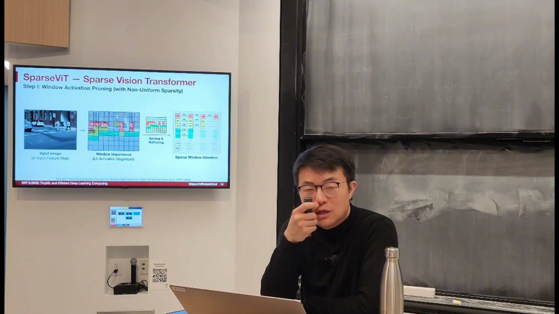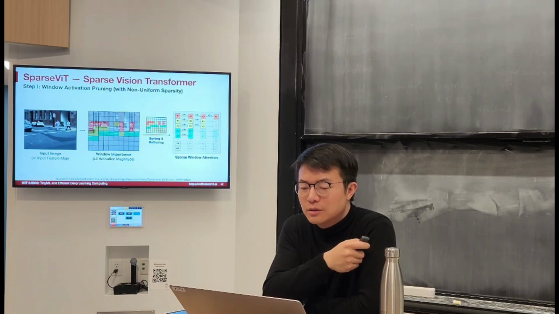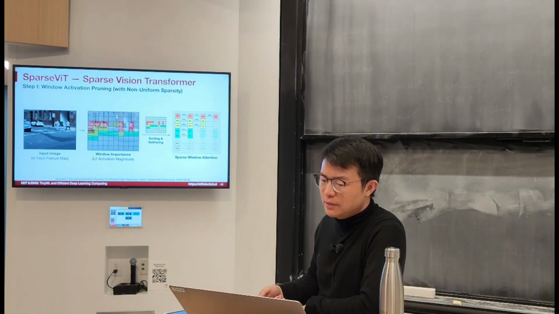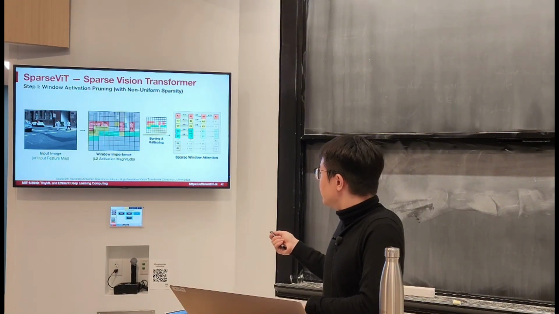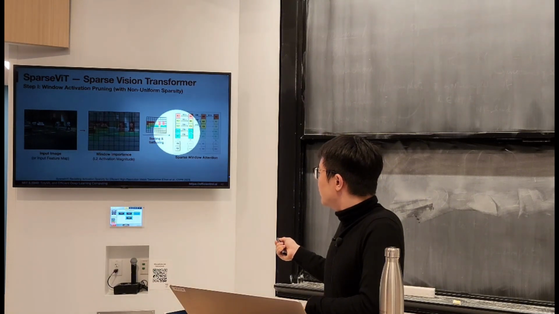And how do we determine the importance of the window? We can just look at the L2 activation magnitude of that window. The larger, the more important we think it is. Then we can sort and gather by importance: most important, second important, third important, and so on.